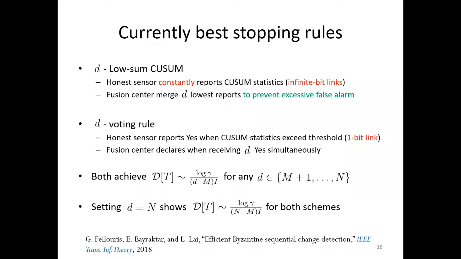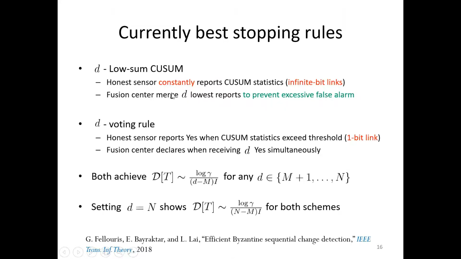Okay, so you can see that this is not critical because your CUSUM statistics can be any real numbers, right? So that requires a larger bandwidth, right? So that's not critical. Okay, and the fusion center merges the D lowest CUSUM statistics.